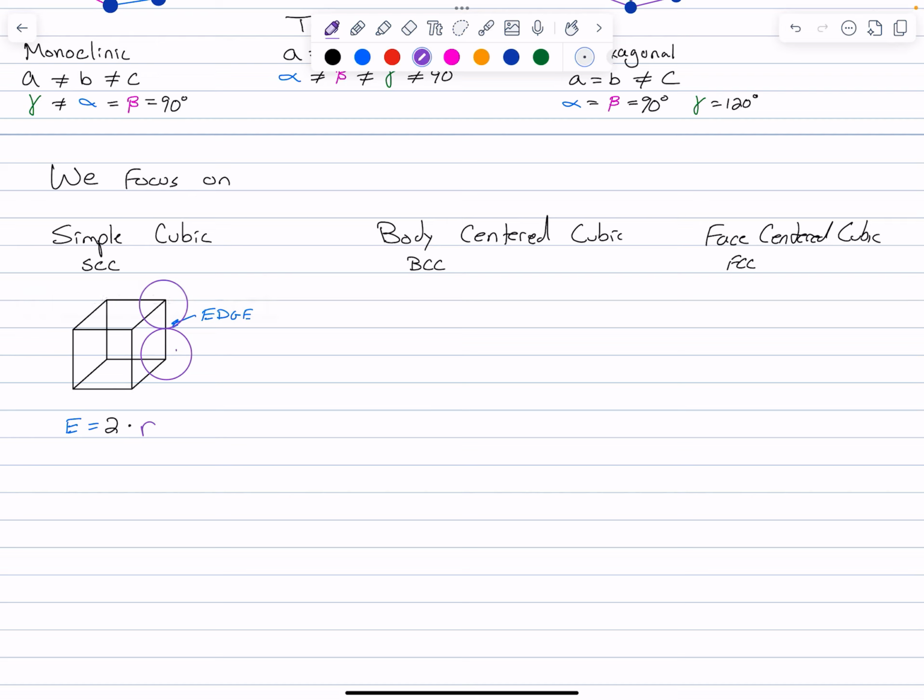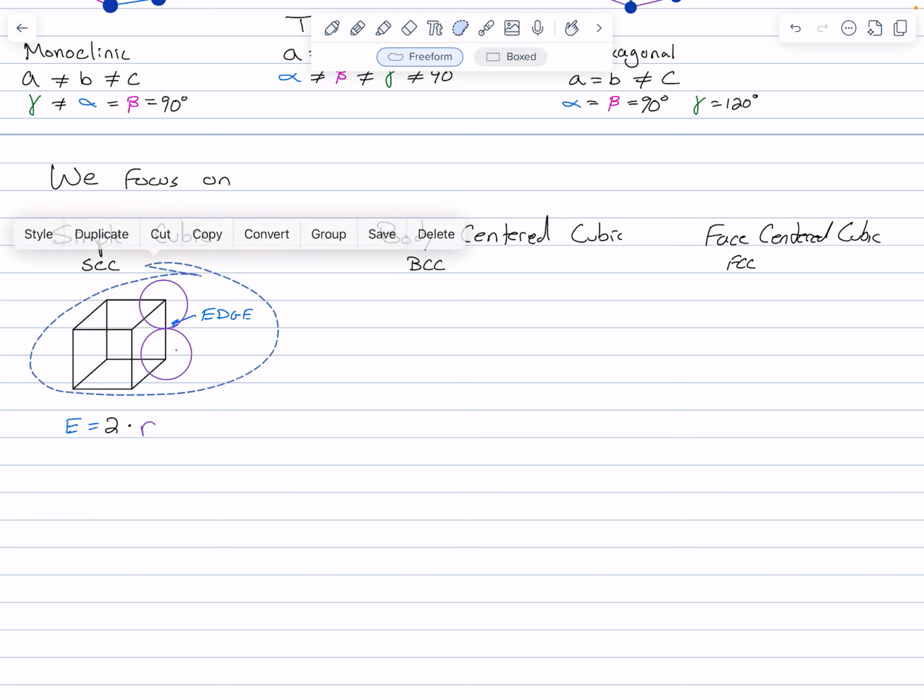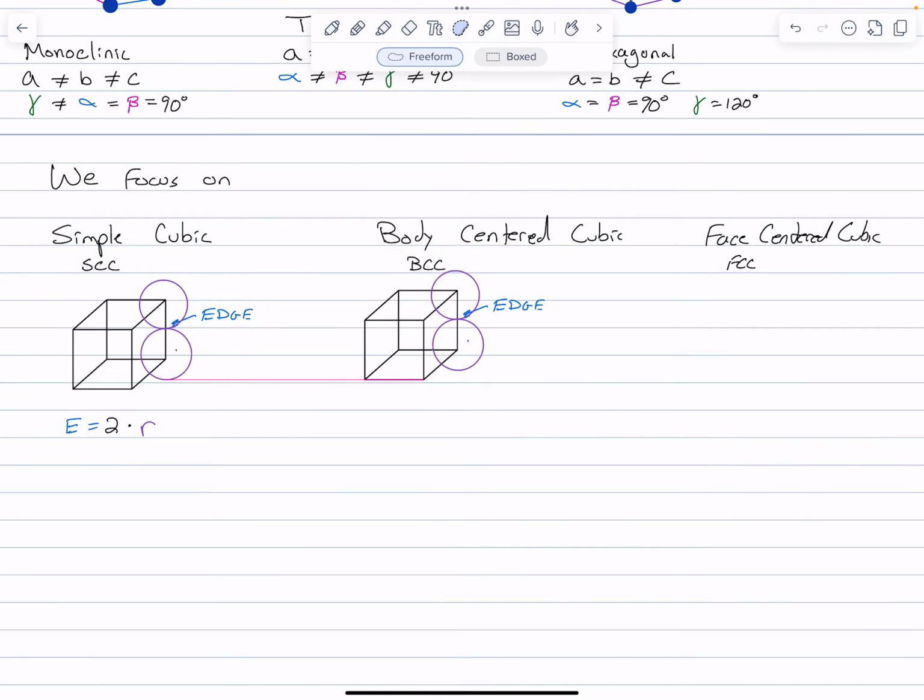So their radii would touch. You'd have a radius here, and a radius here. So the edge is 2 radii of the atom, or the diameter of the atom. So 2r.